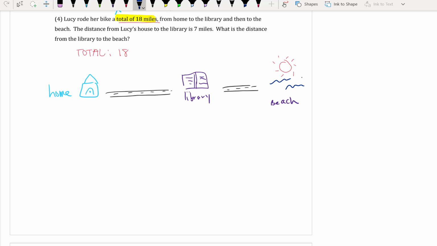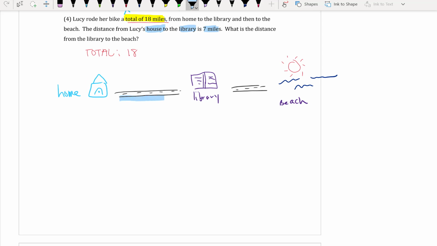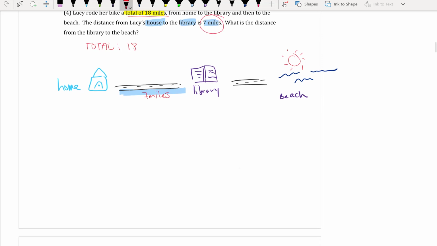All right. So we know that the distance from Lucy's house to the library is 7 miles. So we know that that stretch that goes from her house to the library is 7. So that tells us that this is going to be 7 miles. So now what we're trying to figure out is the distance between the library and the beach.